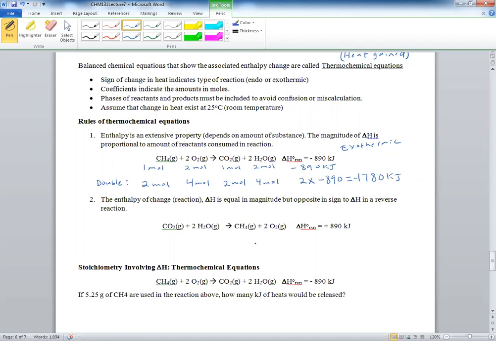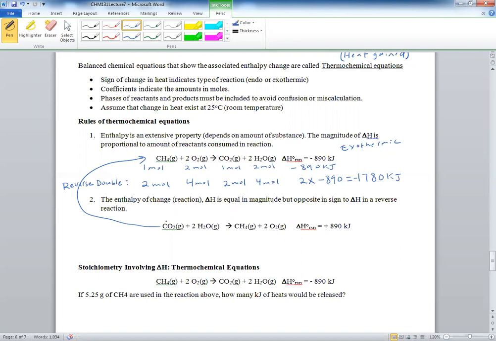The next one is very, very important: the enthalpy change of the reaction, delta H, is equal in magnitude but opposite in sign to delta H in a reverse reaction. Look what I did here. This is the reverse.